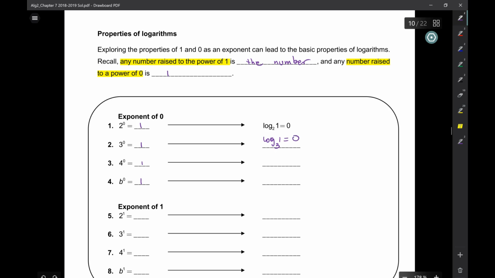Again, if I were walking down the street and I saw this on a billboard, what would I say to myself? Oh, 3 to the power of 0 is 1. So what would that one look like? Log base 4 of 1 equals 0. And then what about this one? Log base b of 1 equals 0.